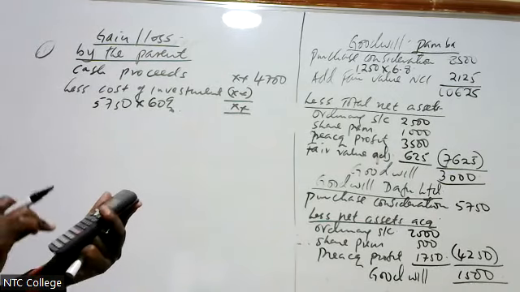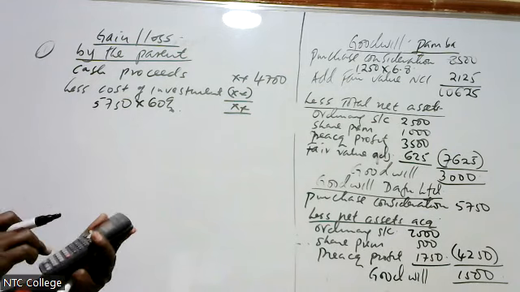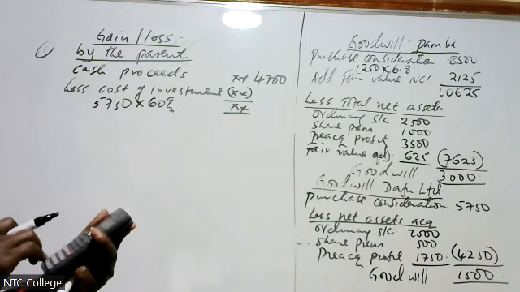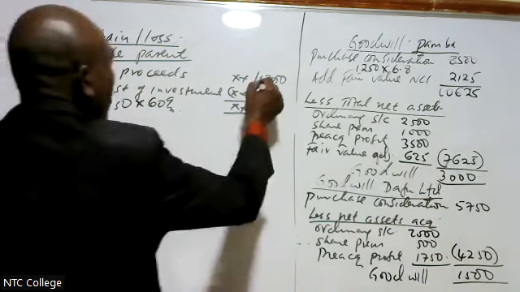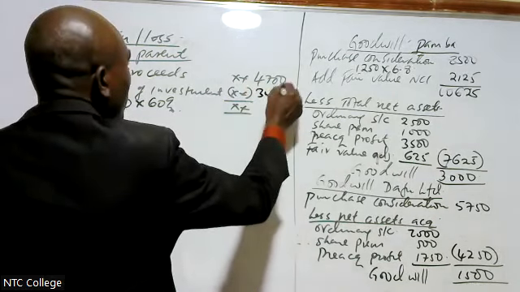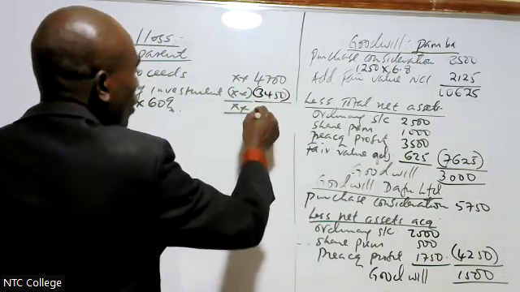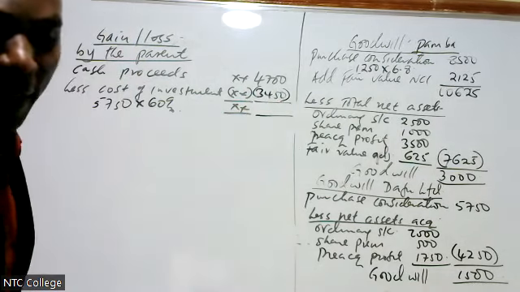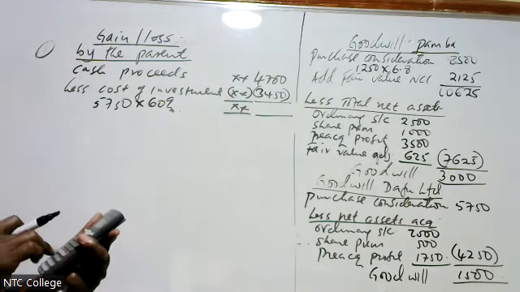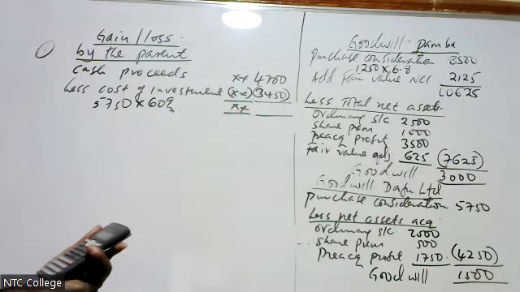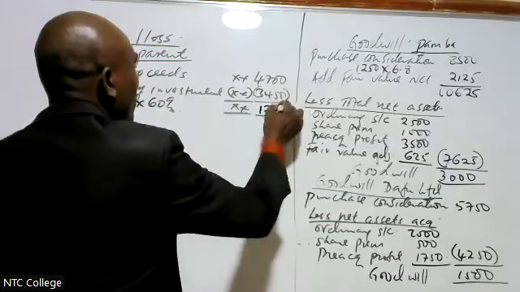It is 60% times that 450. We disposed of that 450. Therefore, how much is the gain? The gain is 1250.